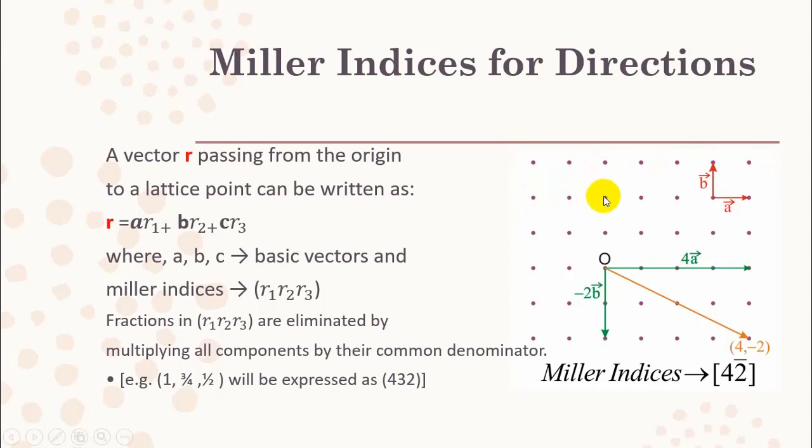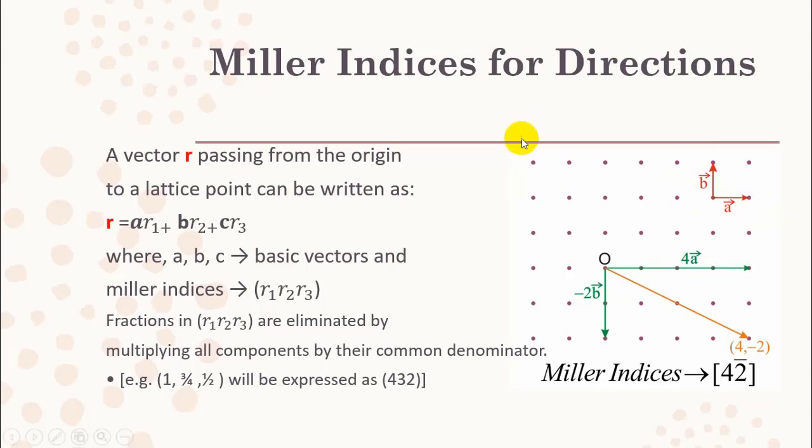The axes are represented by a and b, where a represents the horizontal axis and b represents the vertical axis. We can denote a and b more precisely as basis vectors. This is a representation of a two-dimensional lattice.